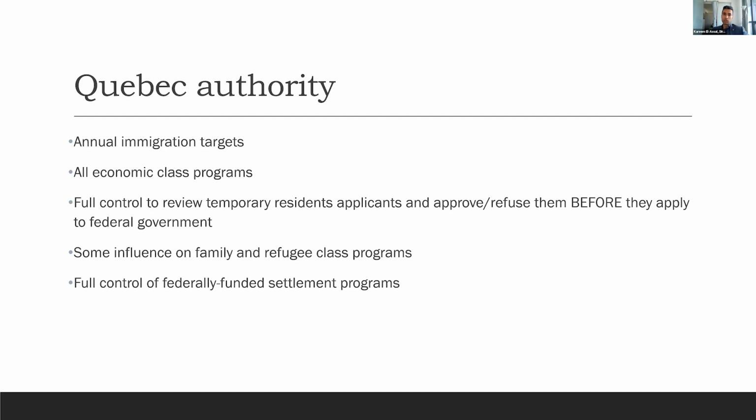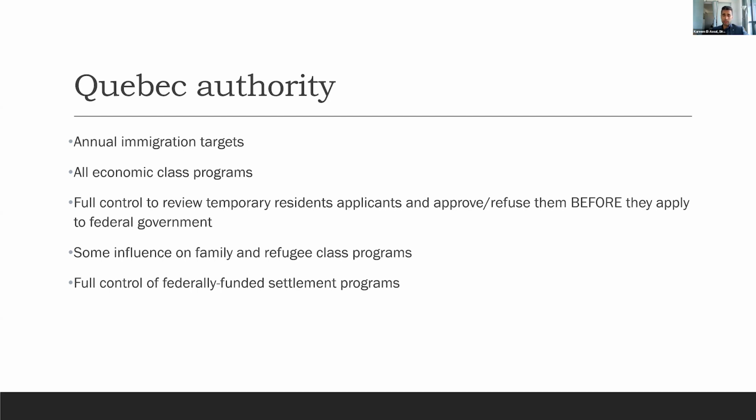Quebec also has more influence than other provinces and territories in terms of its family class, as well as refugee class admissions. And unlike the rest of the provinces and territories, any settlement funding that the Quebec government gets from the federal government, the Quebec government has sole authority and complete autonomy in terms of what it wants to do with that money.